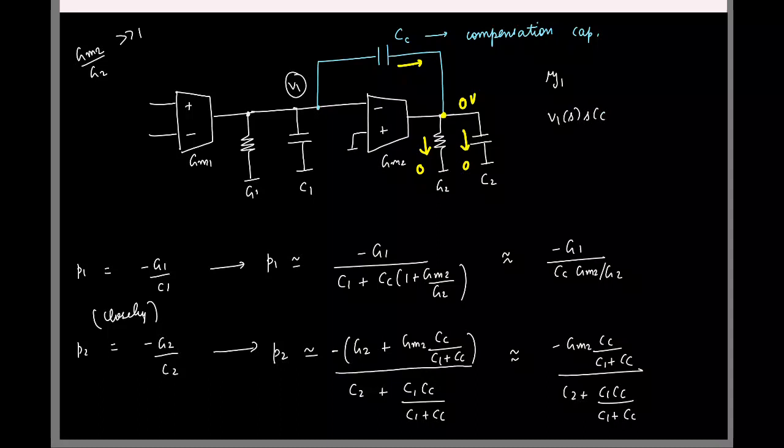What is the current coming out of Gm2? Plus or minus? Minus Gm2 times V1. So this must be equal to 0, right? Currents leaving is all 0. So this happens at s equal to Z1. So what is Z1? Gm2 by Cc. And remember, this is an RHP zero.